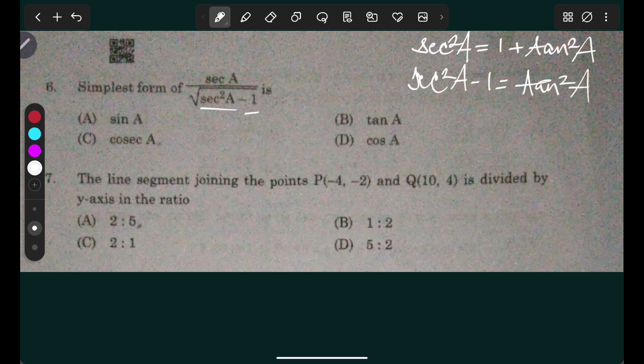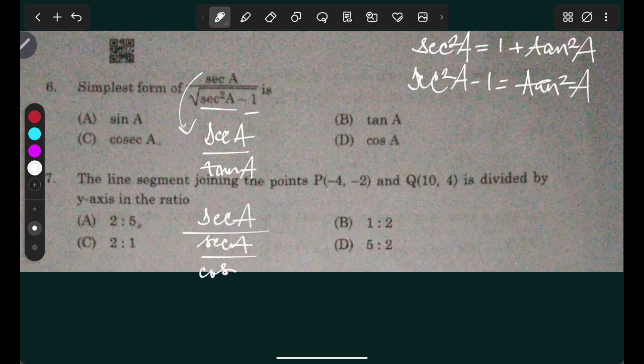Now root of tan square a is tan a. So we have sec a upon tan a. And now what is tan a? Tan is equal to sec a upon cosec a. Cancelling out this, we are left with cosec a. So cosec a, option C is the correct answer.